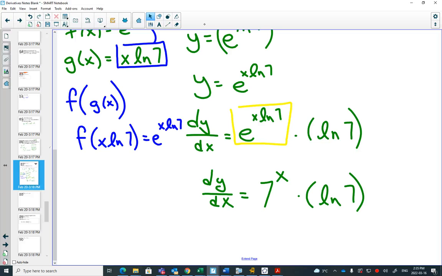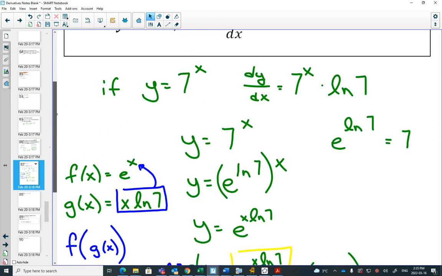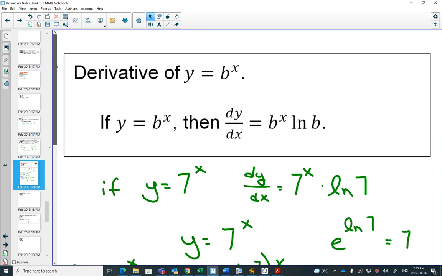Yes? Required to? No, you might enjoy it. No, you're going to, this is a formula you have as well, so you're allowed to just use the formula directly.